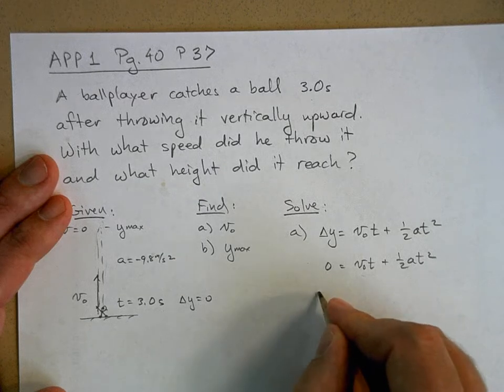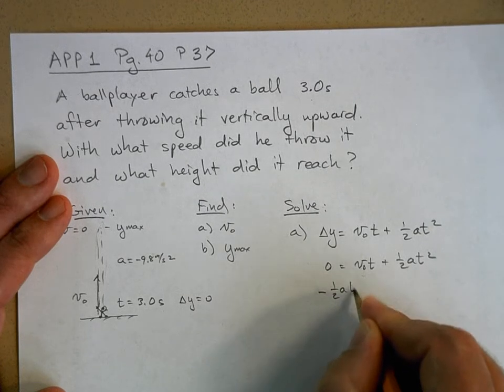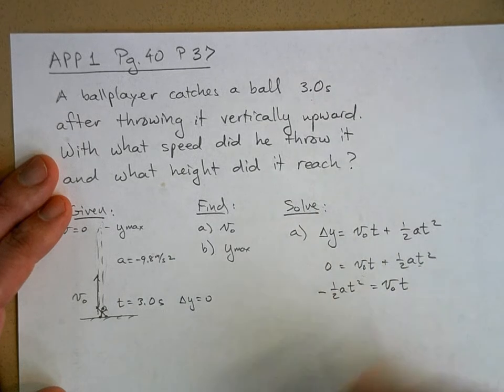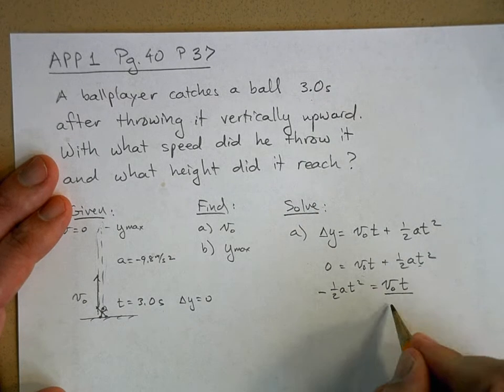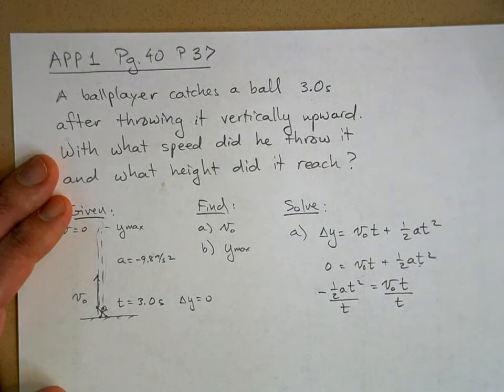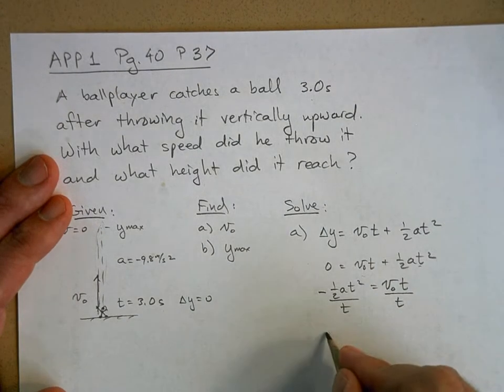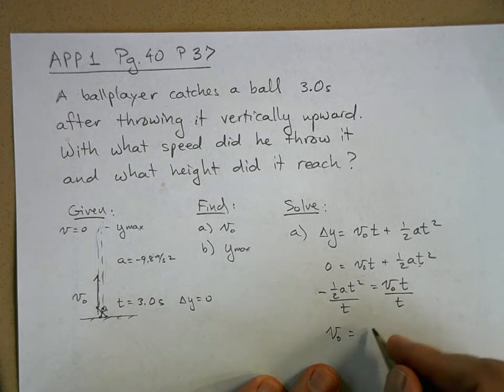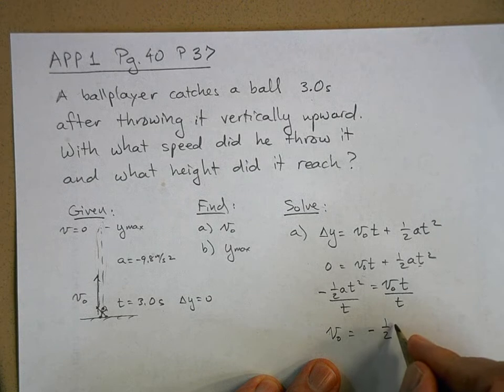So I'm going to put negative 1/2 a t squared equals V0 t, right? I just subtract that to the other side and divide by t. And so we'll get the initial velocity is equal to negative 1/2 a times t.